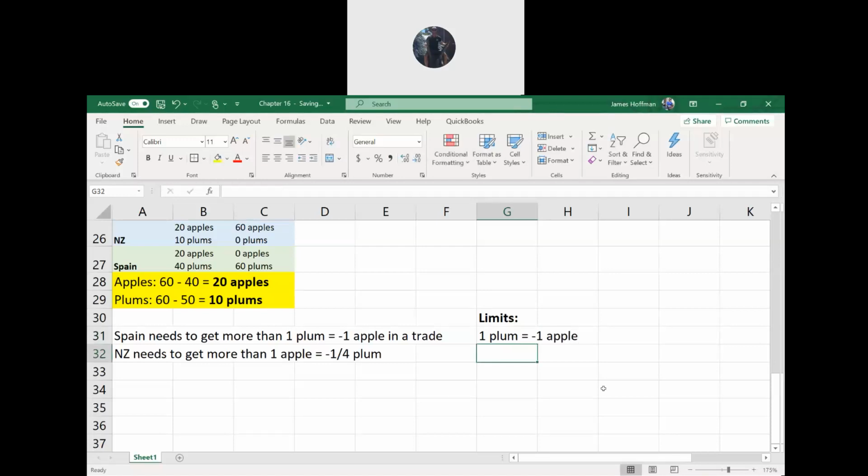Now let's put the New Zealand opportunity cost in terms of one plum, and that'll exactly determine the range in which they can trade. So if we put this in terms of one plum, basically multiply both sides by four, we'll see that one plum equals four apples.